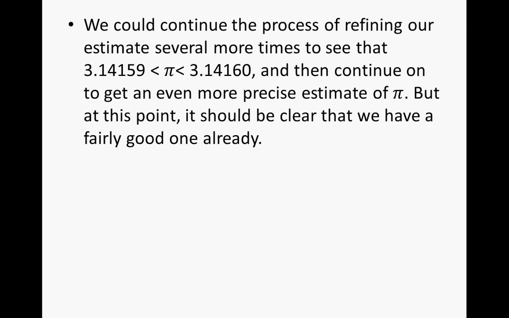So we could continue the process of refining our estimate several more times to see that 3.14159 is less than pi, which is less than 3.14160, and then continue on to get an even more precise estimate of pi. But at this point, it should be clear that we have a fairly good one already.